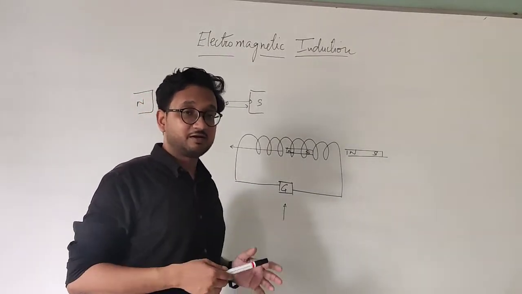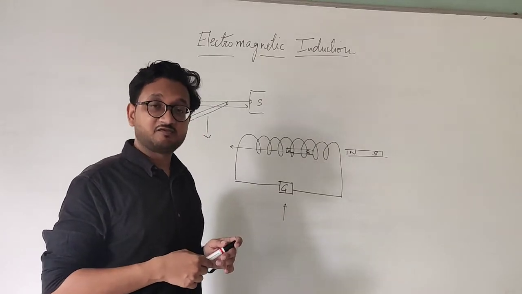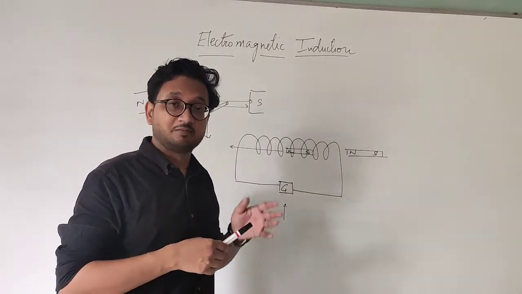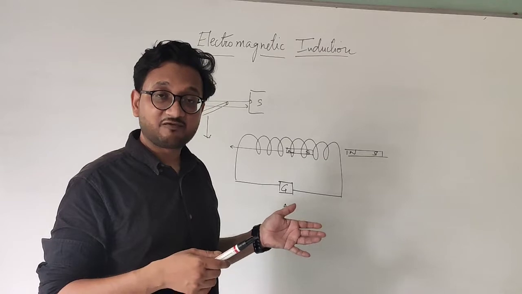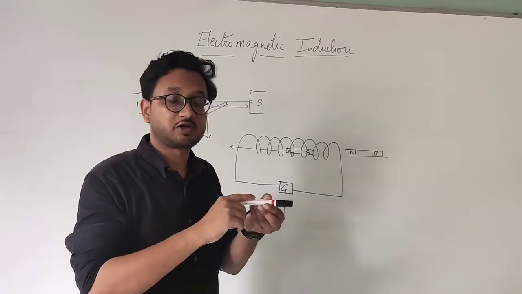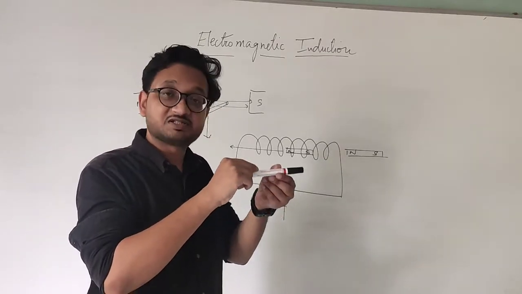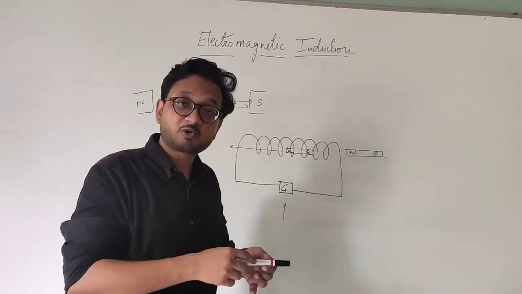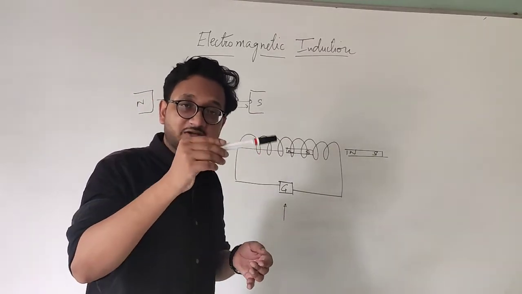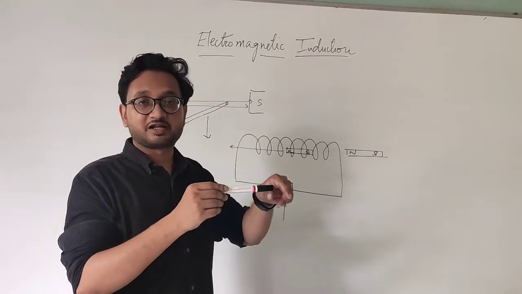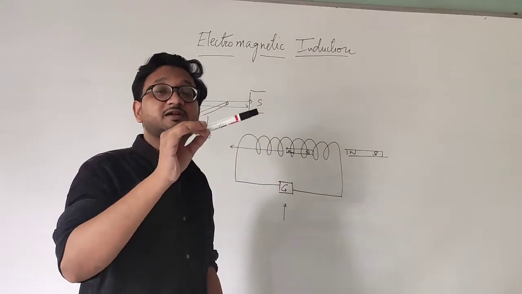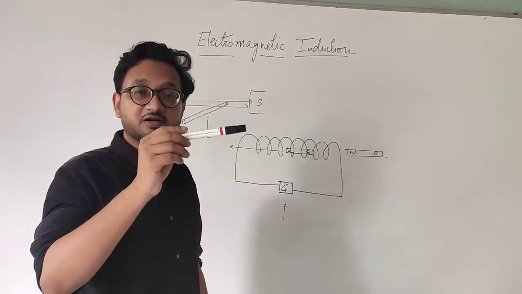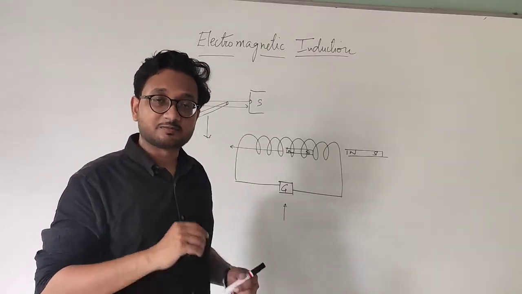So we had studied in the previous video how the magnetic field applies force on a current carrying conductor, setting it in motion. Now if we are providing the motion to a conductor which is kept in a magnetic field, then current is induced or generated in the conductor.